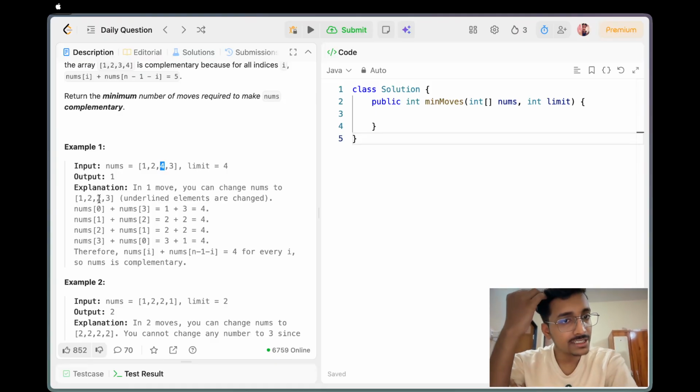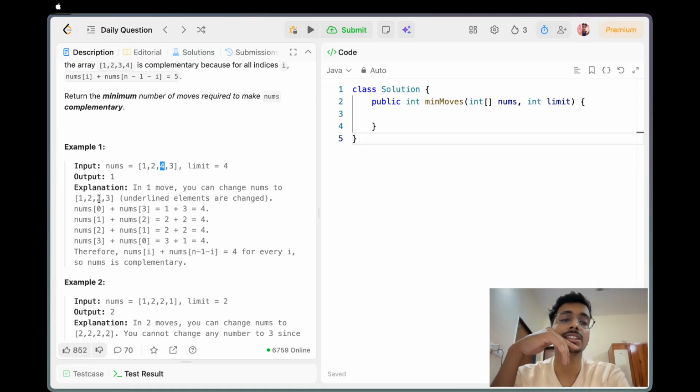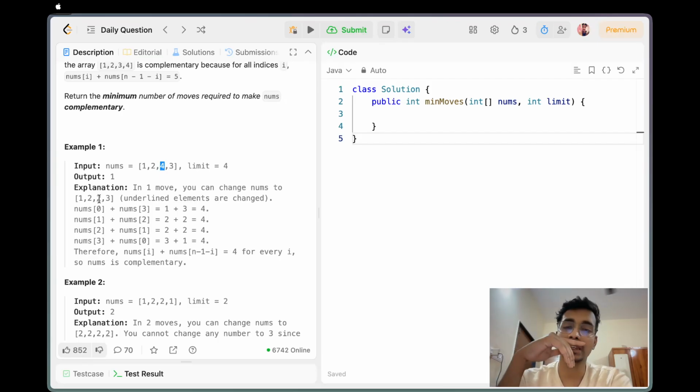So the target should be figured out. Let's first understand what it could be. We have the target, 1 to limit. Again, this feels like a binary search question.